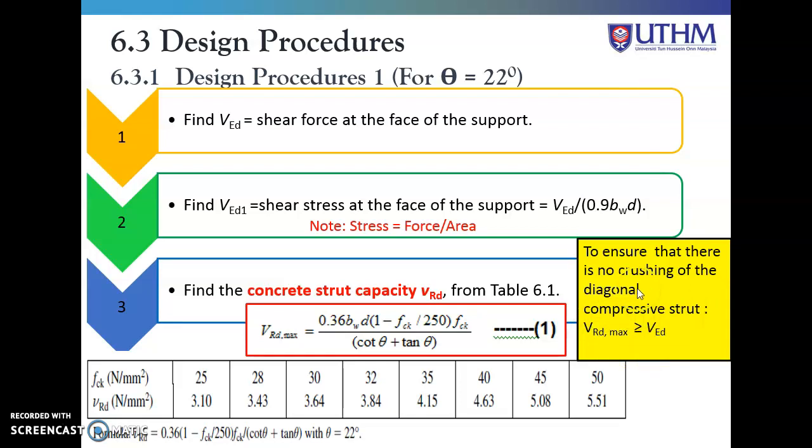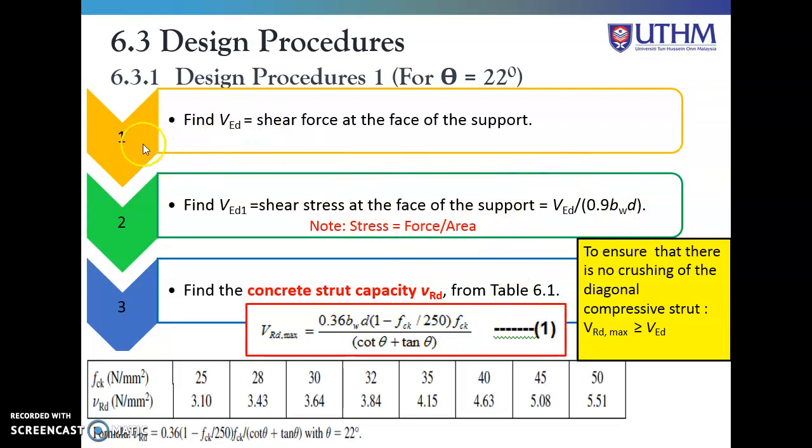Okay, so nak cakap kat sini, kita nak make sure yang tak ada berlakunya shear failure, kita mestilah design the VRD max to be greater than our shear force. Okay. Alright.